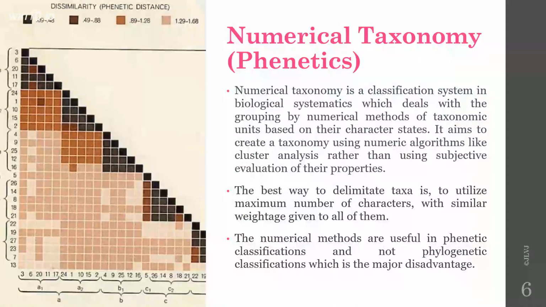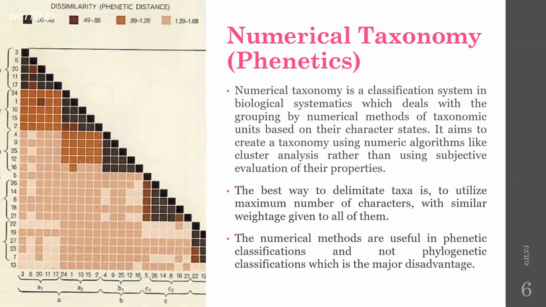Then coming to numerical taxonomy, it's also known as phenetics. So here it's a system in which we try to group by providing weightage to different characters or states. And here it is not directly based upon any genetic relatedness.